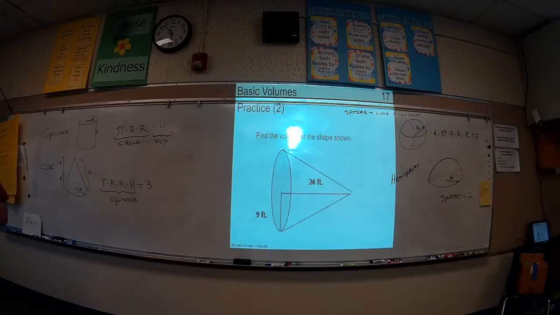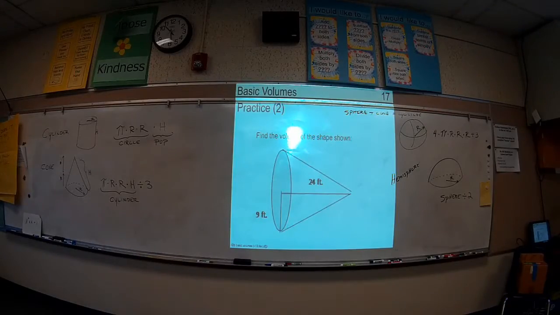Are you using the pi button or are you using 3.14? Sorry, 3.14. Times 9. Times 9. Times 24. Divided by 3. Good.